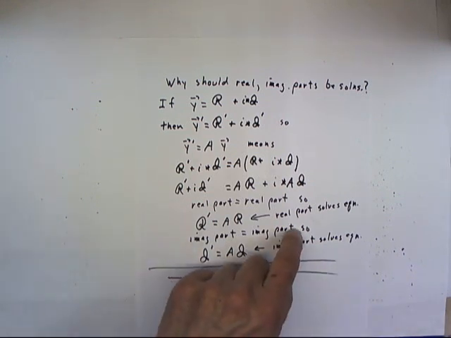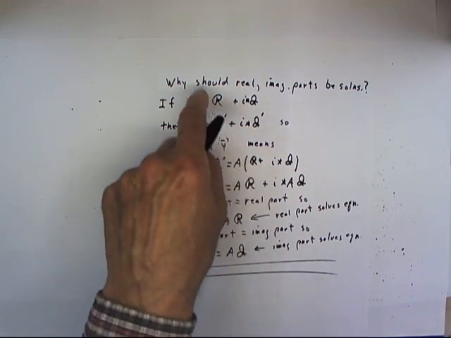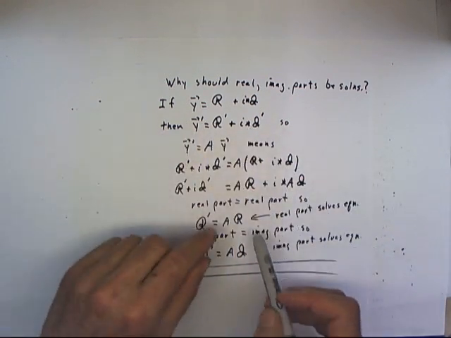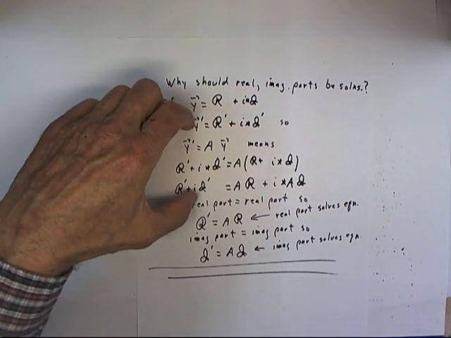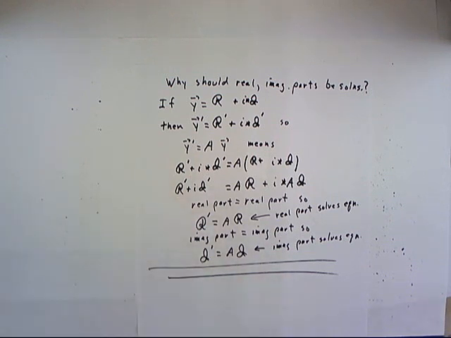And that's what we set out to demonstrate. This is why the real and imaginary parts have to be solutions. It comes down simply to the linearity of the derivative and the linearity of matrix multiplication. If you have those two linearity properties, you end up with this conclusion.